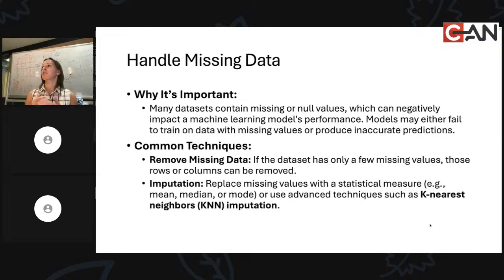Let's imagine we do have something like number of bedrooms. We have bedrooms, and here's our ID. We have 2 bedrooms, 1 bedroom, and this one has nothing.